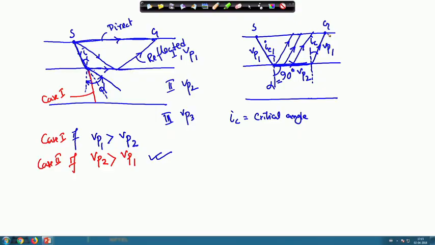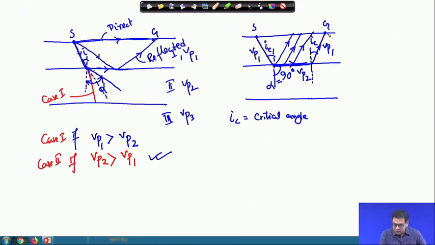If you place the geophone there, that distance is called the critical distance. There is a critical angle, similar to the critical distance also. Critical distance means where the direct ray and the refracted ray reach the geophone at the same time.